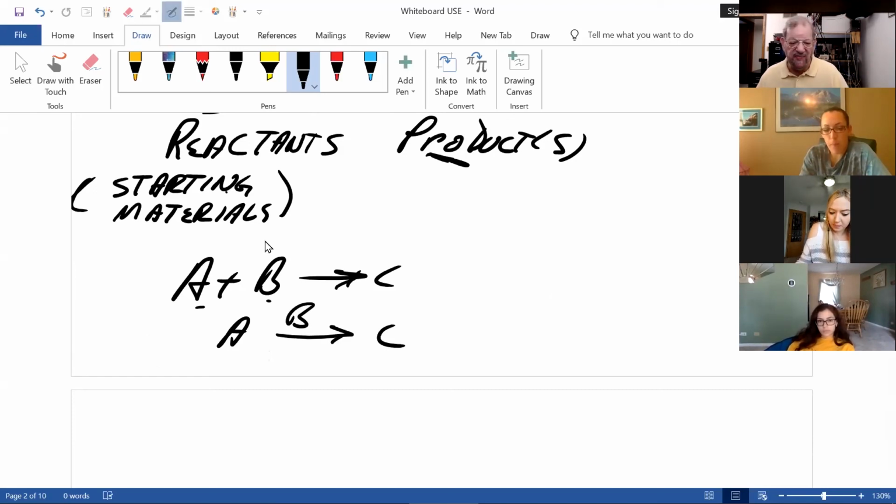This means the same thing. You can put it on top or underneath. A reacts with B to make C. A and B are the starting materials. C is the product. And that's something I'll be using throughout the semester, and organic chemists just use that. I don't know how that evolved, but that's the convention.